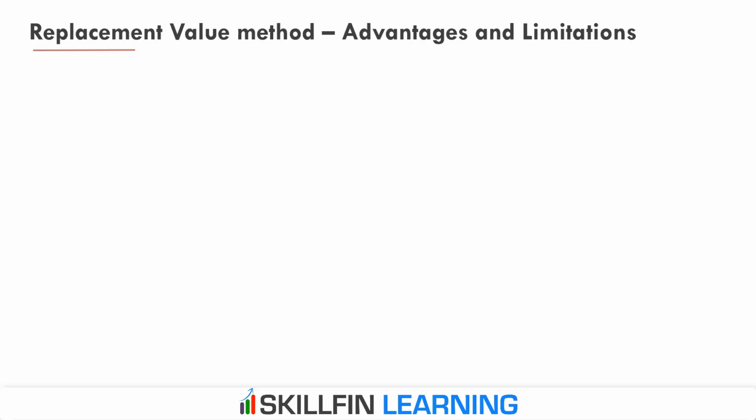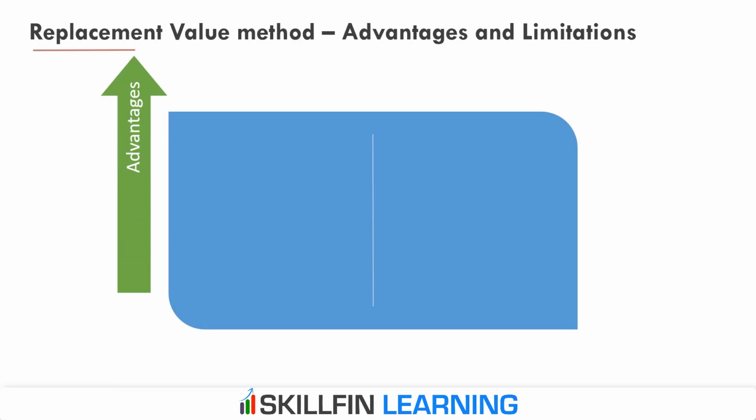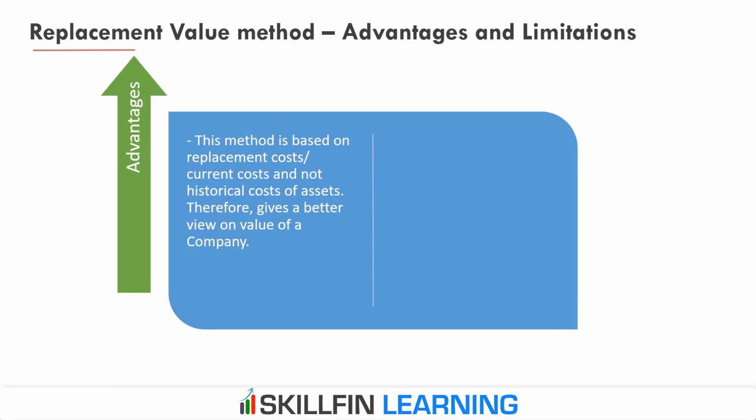Let's look at the advantages and limitations. First, the advantages. This method, as we said, is based on the replacement cost or current cost of the assets and not the historical cost. Therefore, it gives a better view of the value of a company.